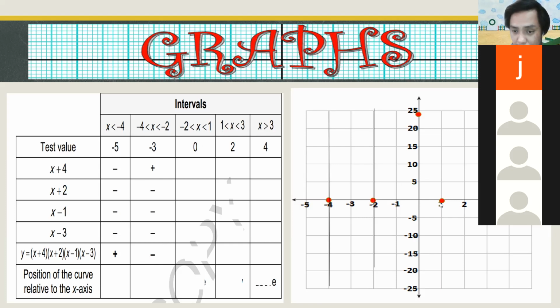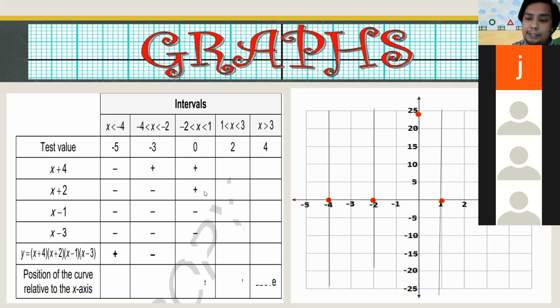Next, the following partition, which is -2 up to +1, since we go point to point. What numbers are between -2 and +1? -1 and 0. Pick any of them. The easiest is 0. 0 plus 4 is 4, positive. 0 plus 2 is 2, positive. 0 minus 1 is -1, negative. 0 minus 3 is -3, negative.